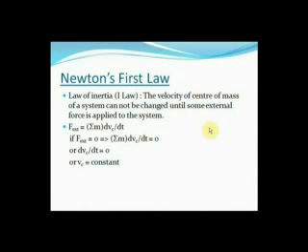To visualize Newton's first law mathematically, let's get back to the definition of F external. We have seen that F external is equal to sigma m into dvc by dt, where vc is the velocity of center of mass.